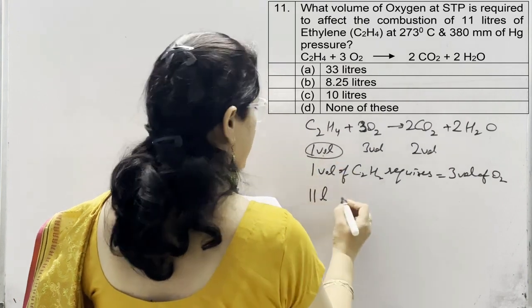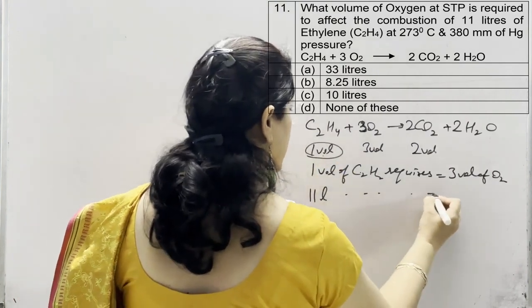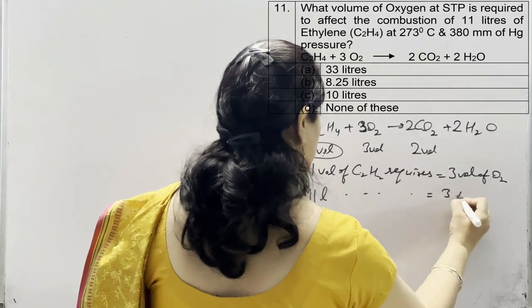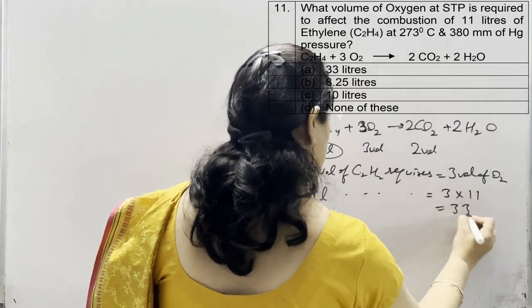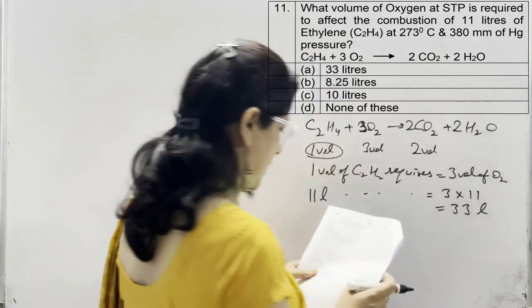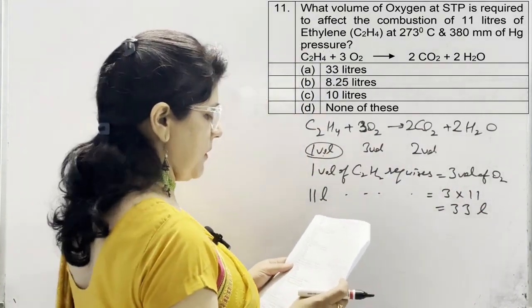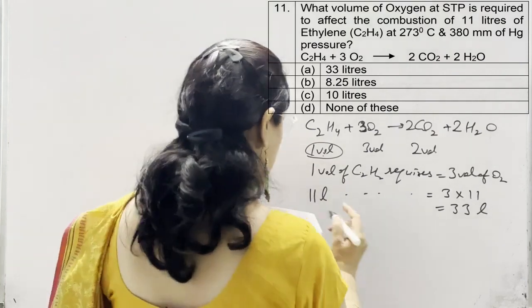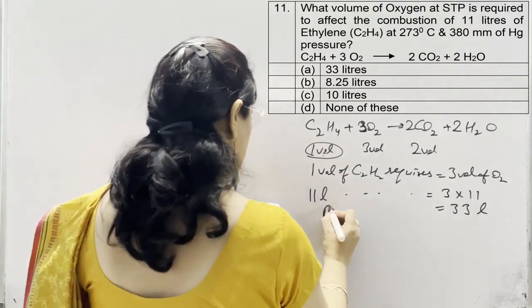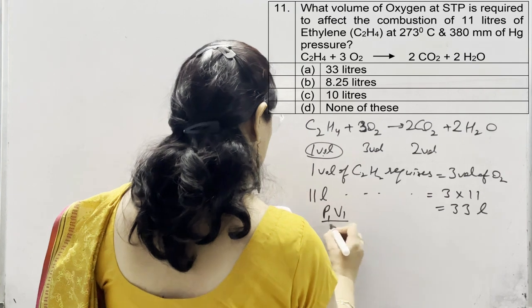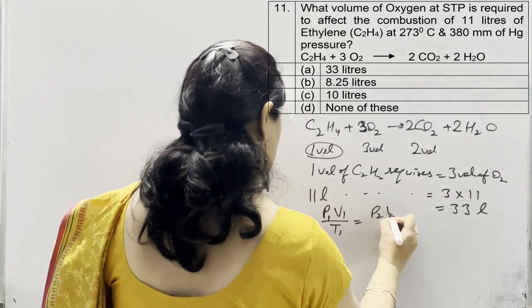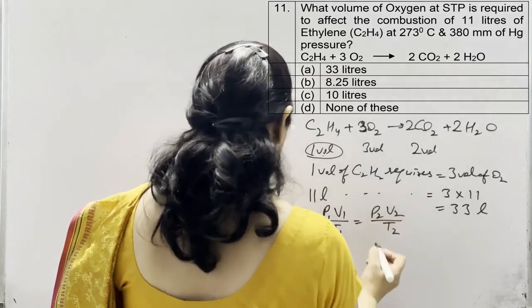and the value given is 11 liter of ethylene, which requires 3 upon 1 into 11. It means 33 liter. But here in the question, we have to find the value at STP. It means standard temperature and pressure. So we have to apply gas laws also. P1 V1 upon T1 is equal to P2 V2 upon T2.